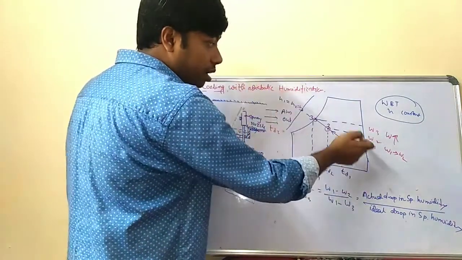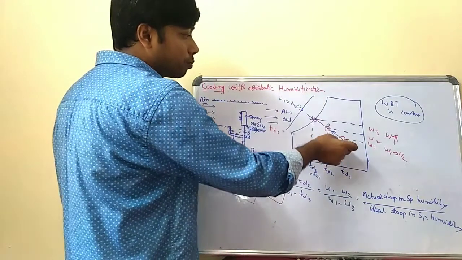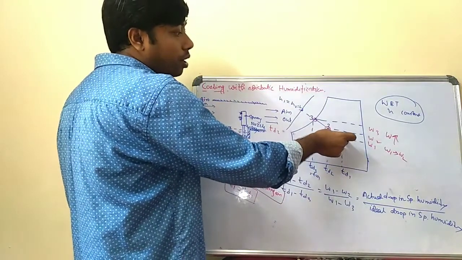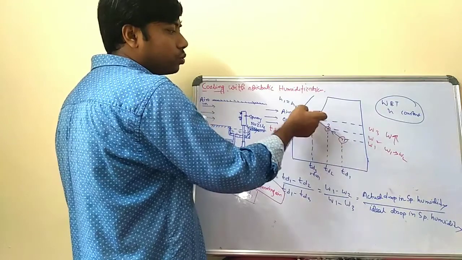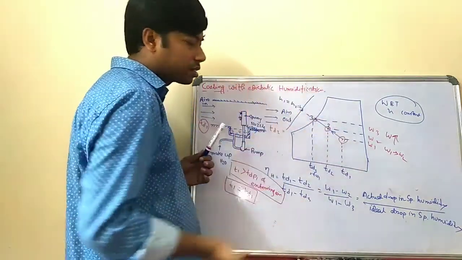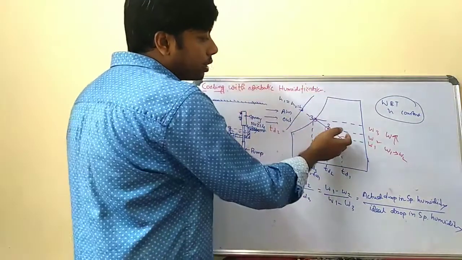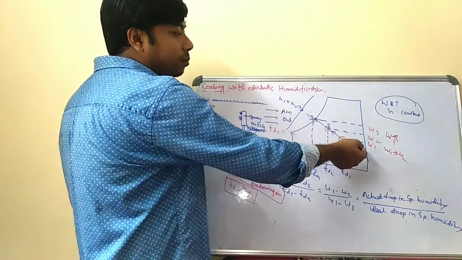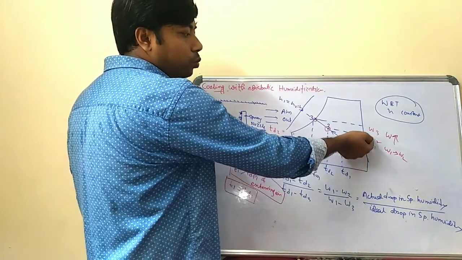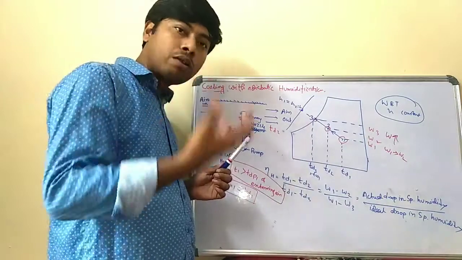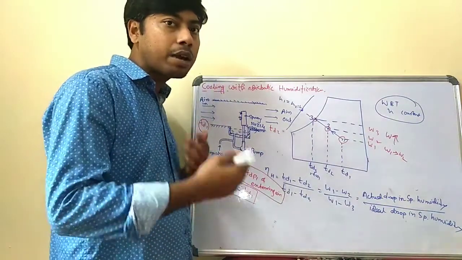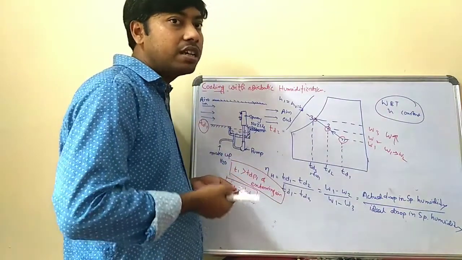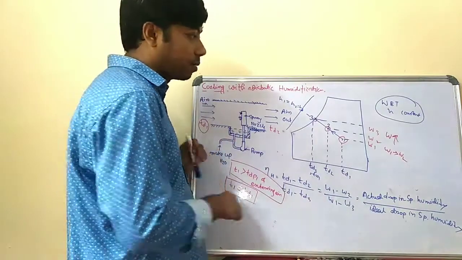Okay. Now for this cooling and adiabatic humidification process, what happens? The arrow indicates the process 1 to 2, or it may be 1 to 3. When the process is 1 to 2, the specific humidity increases from W1 to W2. That means the amount of water vapor increases, that means humidification is done.